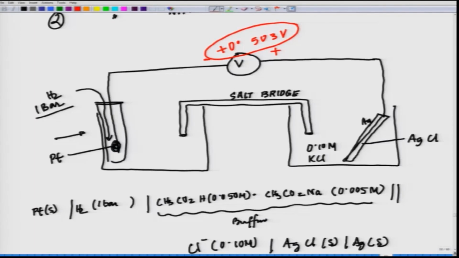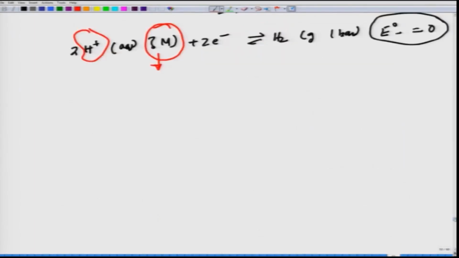So, the Nernst equation for the cell reaction will be, if you write it, E is equal to E plus minus E minus.